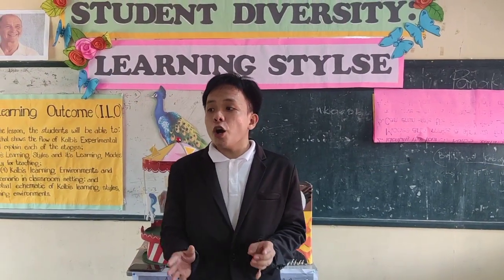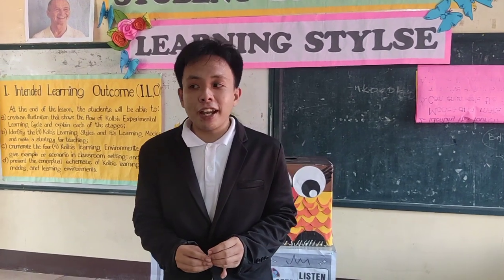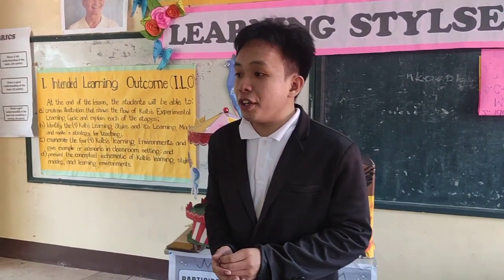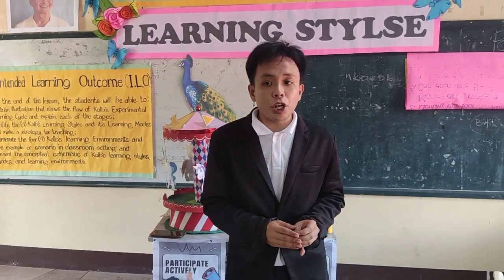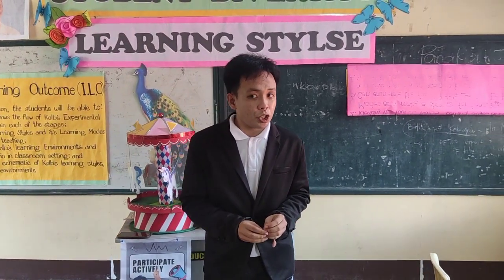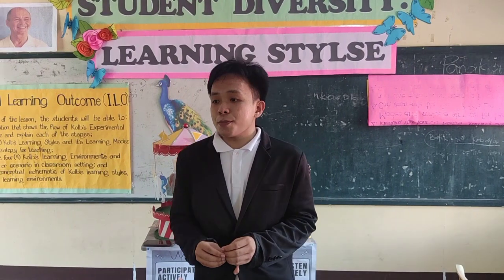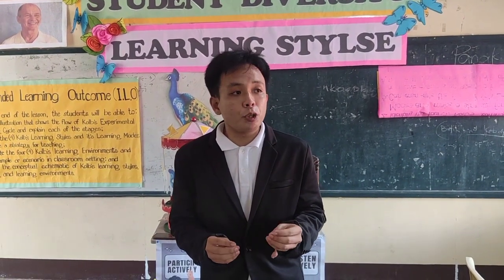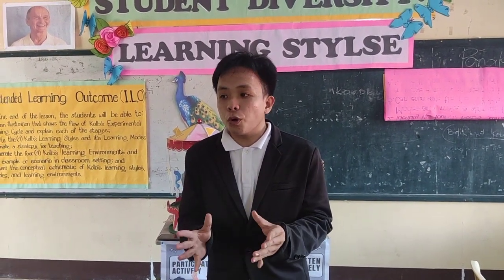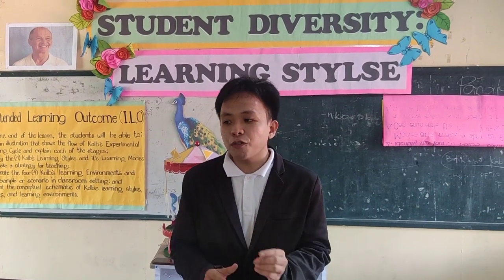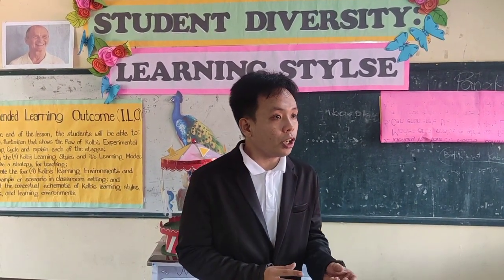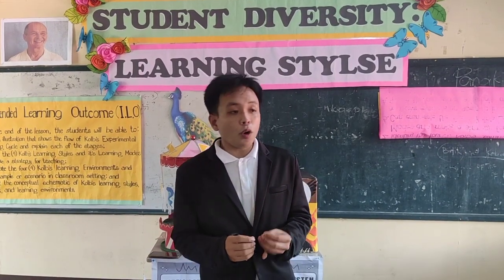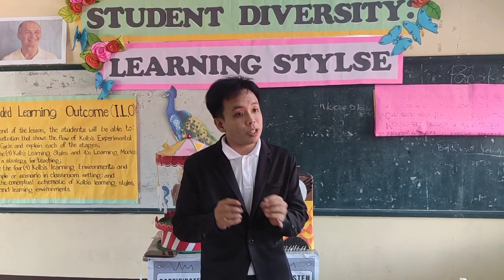Okay, so now you have learned the four stages of Kolb's learning cycle, right? There are the concrete experience, reflective observation, abstract conceptualization, and active experimentation. In a concrete experience, it is a time wherein you do or have the experience, followed by reflective observation, wherein you review or observe what you have experienced in that situation.